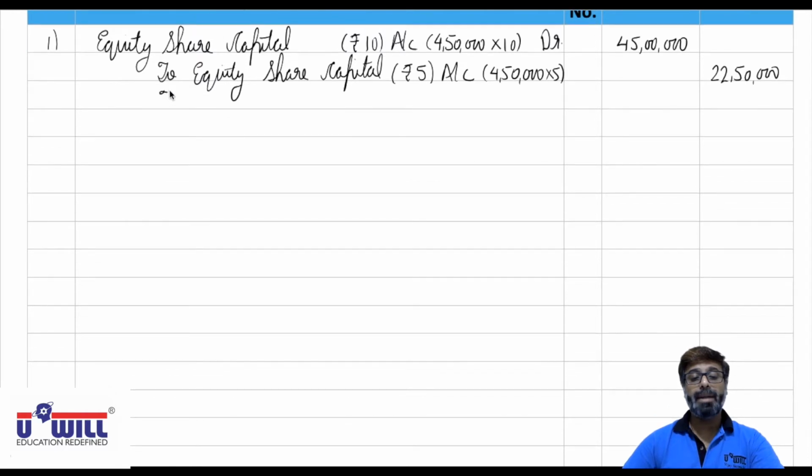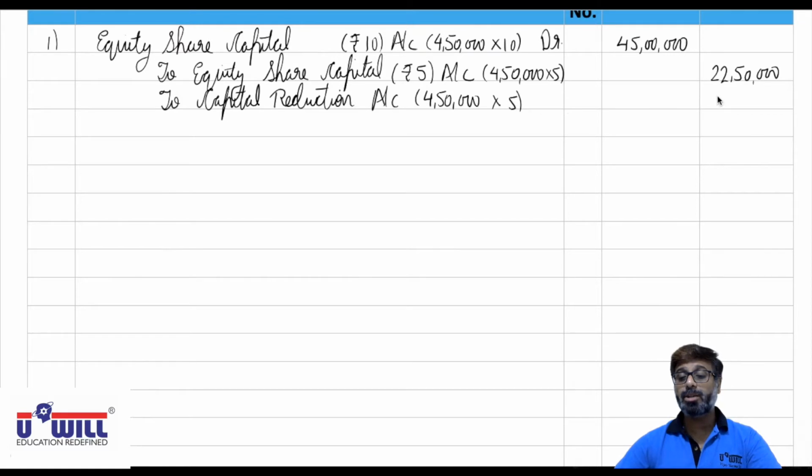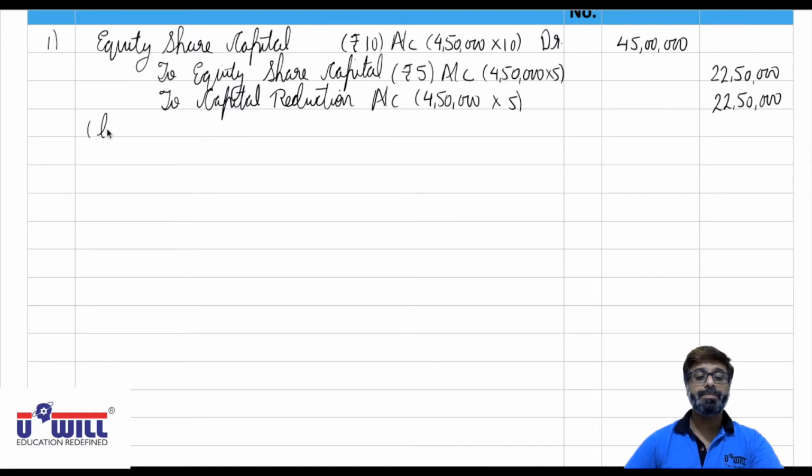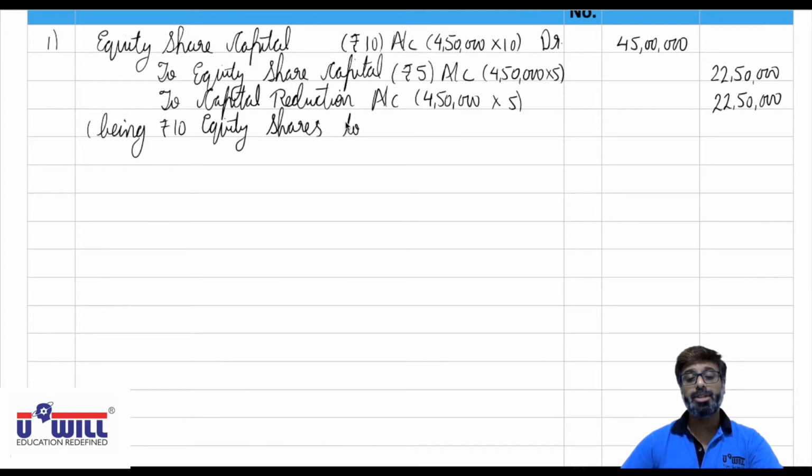And to capital reduction account with the amount they have sacrificed. It is decreased from 10 rupees to 5 rupees, which means they have sacrificed 5 rupees, that will be transferred to capital reduction account. So again 4,50,000 into 5, 22,50,000 will be transferred to capital reduction account. Being rupees 10 equity shares reduced to rupees 5 each.